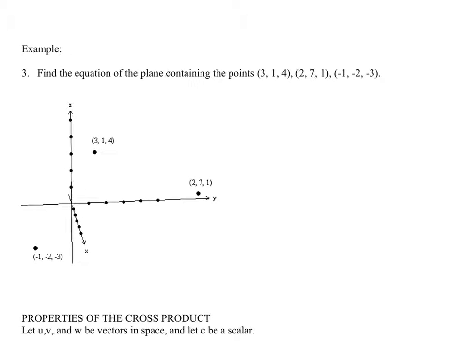I'll take you through a case where we write the equation of a plane, and that'll be pretty much it for the unit. Maybe we'll do another example afterwards, but it'll be the last major concept. So if I want to write the equation of a plane containing these 3 points, first I'd have to define a pair of vectors that contain those 3 points. I'm going to pin both of my vectors at the same location. It really doesn't matter where, so I'll pin them at 3, 1, 4.